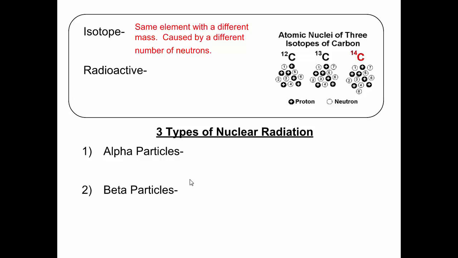Can you guess which of those are radioactive? Which of those have unstable nuclei which could decay? Aiden? Yeah, carbon 14 and carbon 13 are unstable. They will spontaneously decay. Carbon 12 is stable.